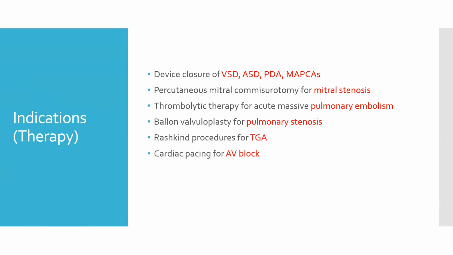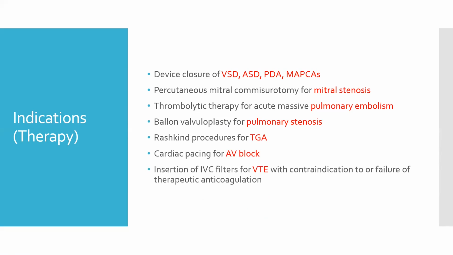Right-sided access is needed for cardiac pacing in patients with AV block, and sometimes for insertion of IVC filters for VTE when there is a contraindication or failure of therapeutic anticoagulation.